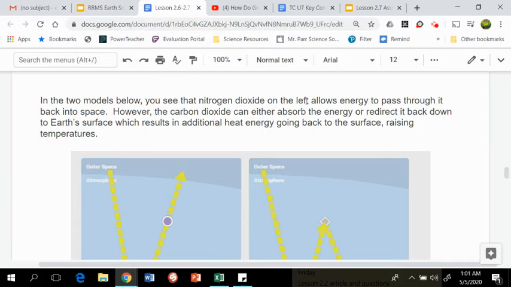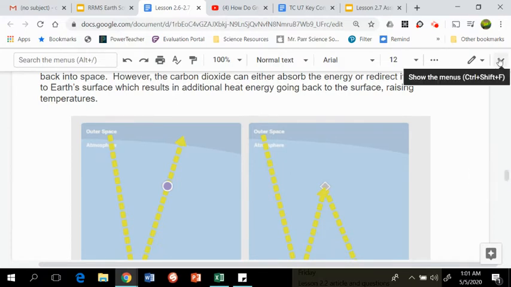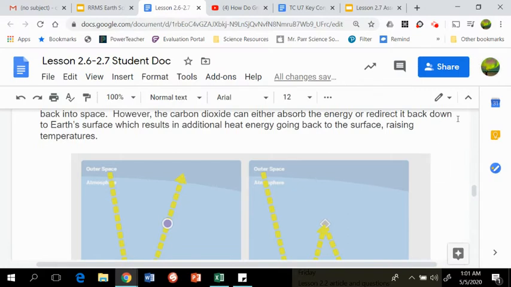So most energy that enters the Earth will hit nitrogen atoms. That energy just passes straight through it. However, the carbon dioxide can either absorb the energy or redirect it back down to Earth's surface, which results in additional heat energy going back to the surface, raising temperatures.